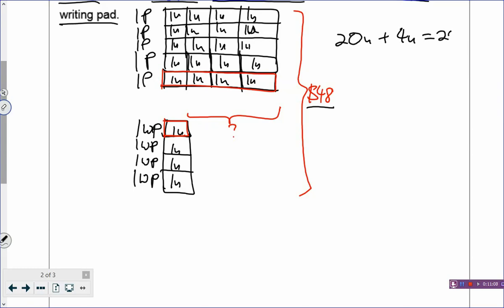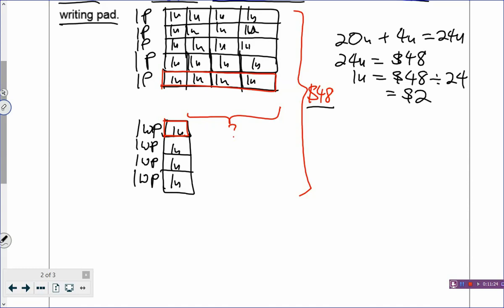And the total cost is 24 units, which means that 24 units is equal to $48. So you can find 1 unit, which is 48 divided by 24. So your 1 unit is $2. See? Just by looking at the model, you can solve the problem already, right?